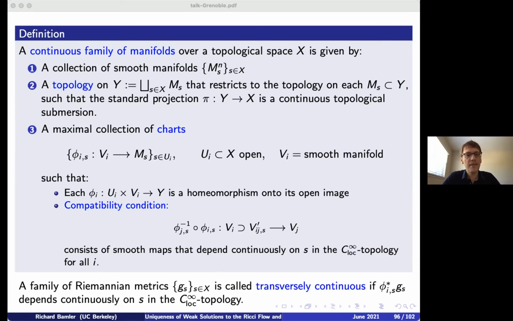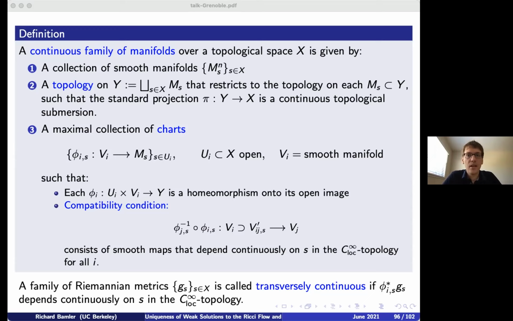That means, in a certain sense, that if I vary S, then the Riemannian metrics should vary continuously in the C infinity topology. This can be expressed by pulling back these Riemannian metrics via these charts. Then I get a Riemannian metric on each of these V_i, and I require that these depend continuously on S in the local C infinity topology. So this is how I would define a continuous family of Riemannian metrics.